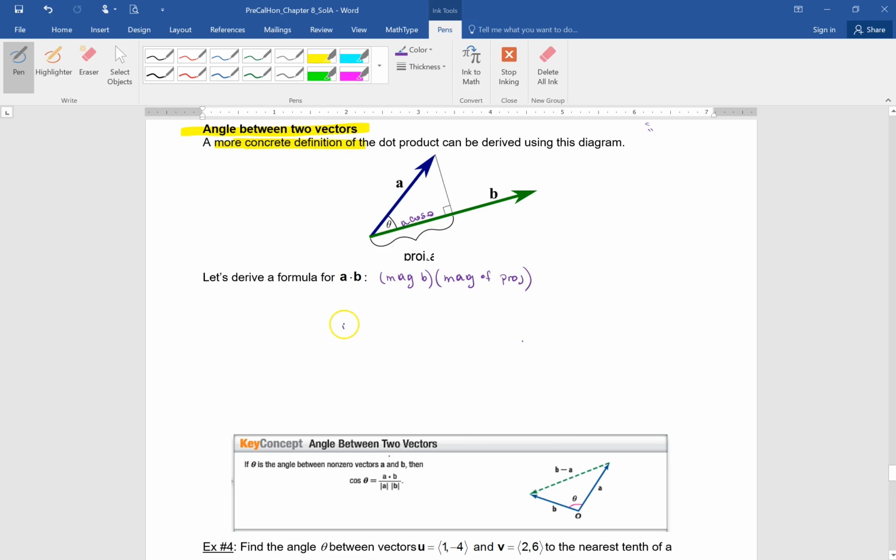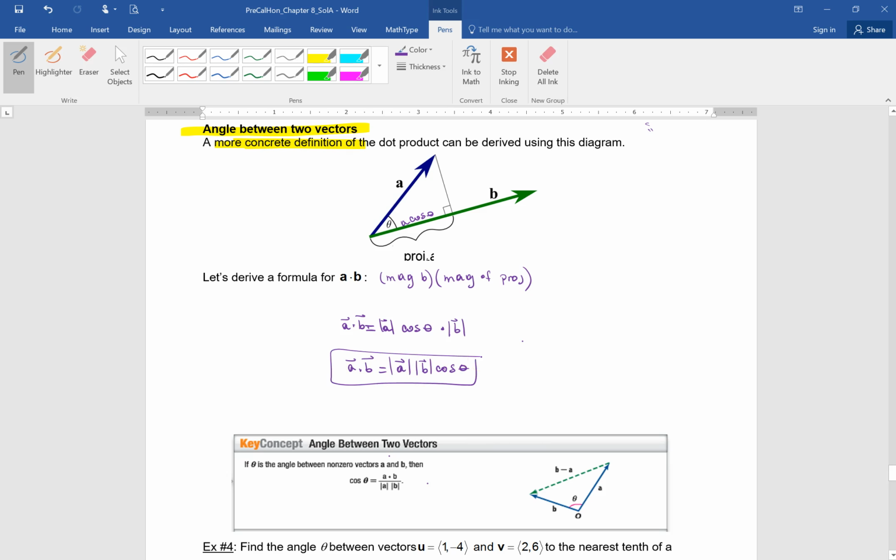So A dot B, if it's the magnitude of the projection, then that's just A's magnitude, cosine theta, times the magnitude of B. Cleaning that up, A dot B is really the magnitude of A times the magnitude of B, cosine of theta.